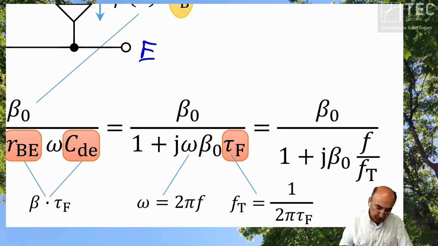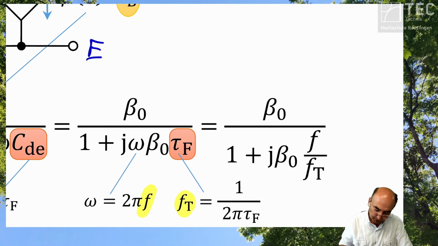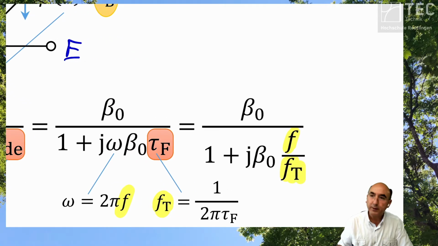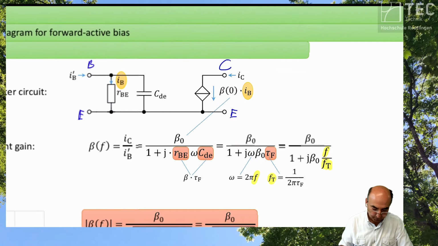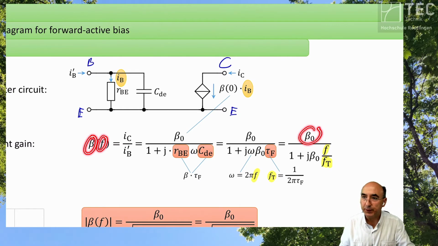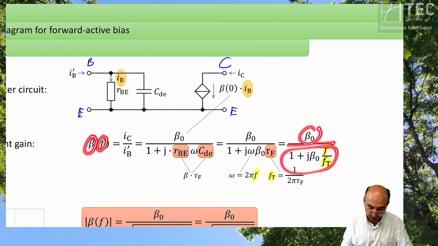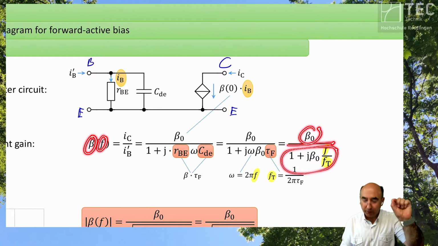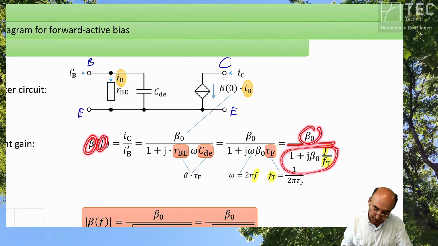So you get the operating frequency and your transit frequency into your resulting equation. And what do you see? You see that your frequency-dependent current gain is the nominal zero frequency current gain divided by a low-pass filter. And the corner frequency of this low-pass filter is given by this expression.